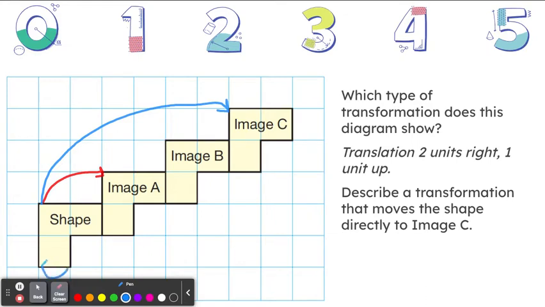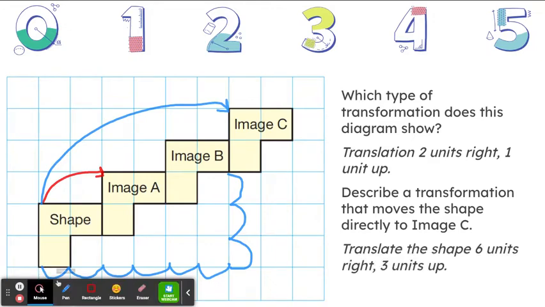We could do the same thing again where we count all of the units that we have to travel to the left or right, and then all the units that we have to travel either up or down to get our answer, which is 6 units right, 3 units up. And if you were counting as I did this, you would have seen that we did go 6 units to the right and 3 units up.